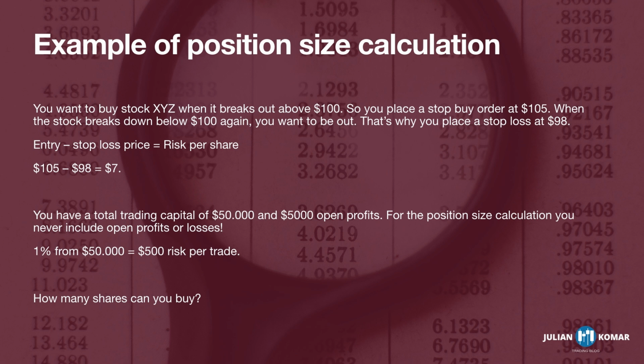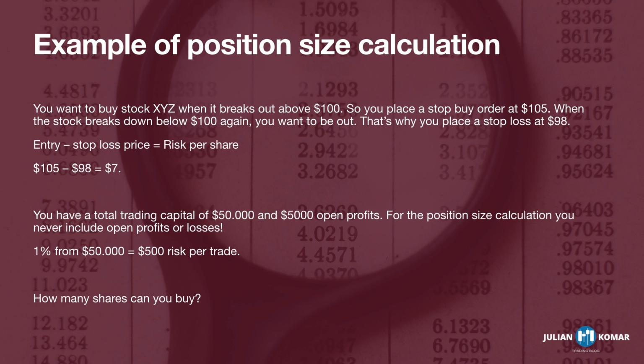And that's why you place a stop loss order at 98. So we enter the trade at 105 and we exit the trade in the case of stop loss at 98. Now we, very simply, take the 105, subtract the 98 from it, and we get the risk per share, so it's 7 US dollars.